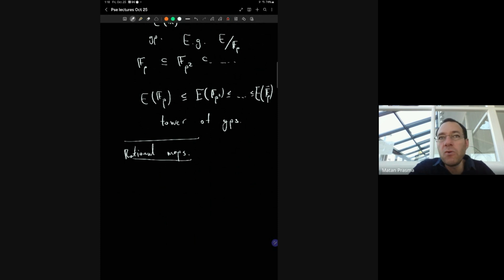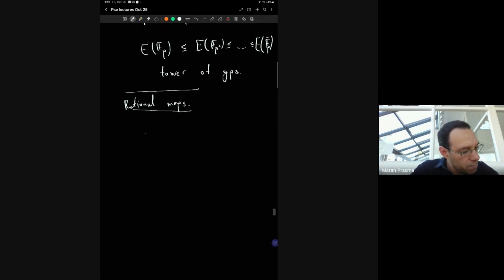So we do some algebraic construction, namely, we take the ring of polynomials in two variables, and we quotient by, it's in fact an ideal.